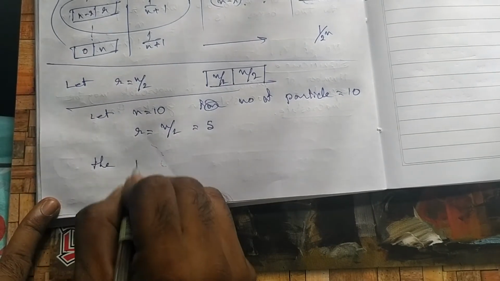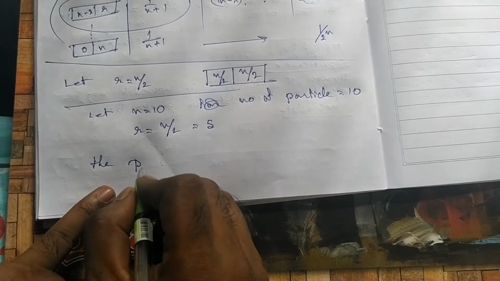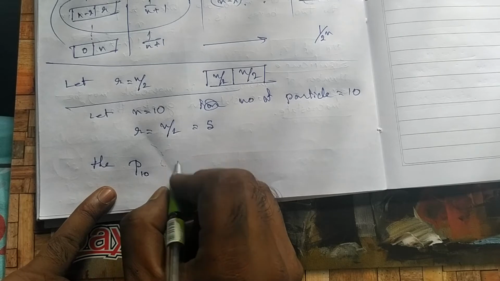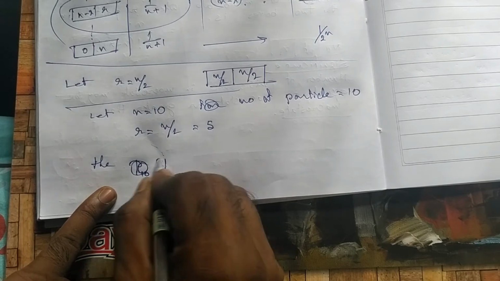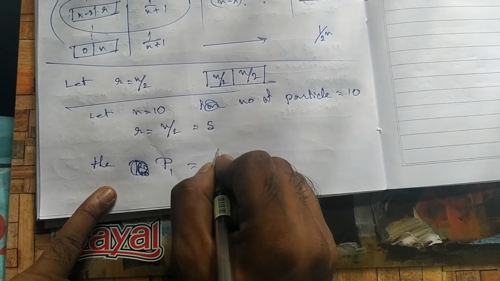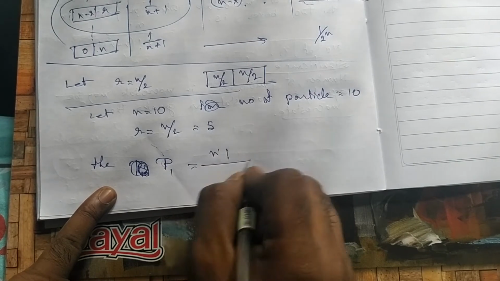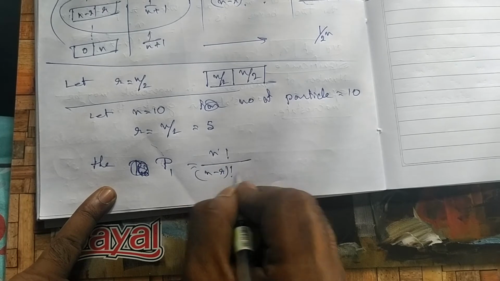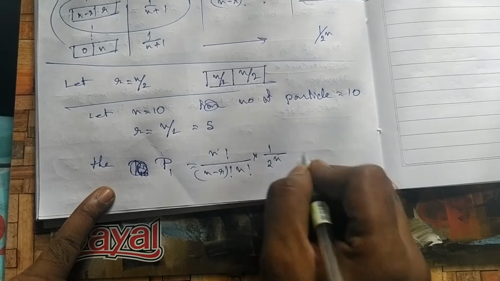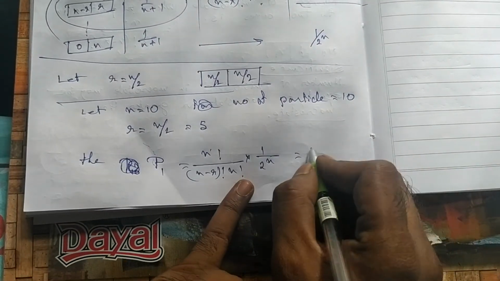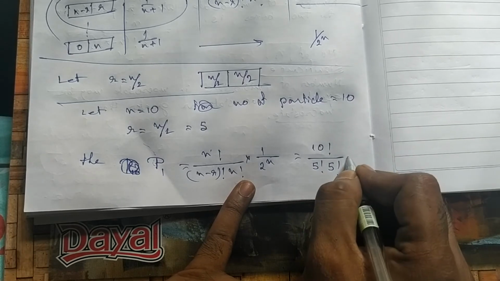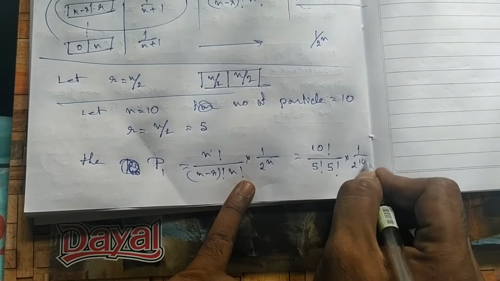Then the probability for the 10 particles, which we write as P1, is obviously n factorial by (n minus r) whole factorial r factorial into 1 by 2 to the power n. So 10 factorial by 5 factorial 5 factorial into 1 by 2 to the power 10.